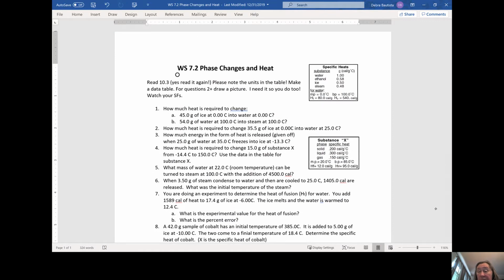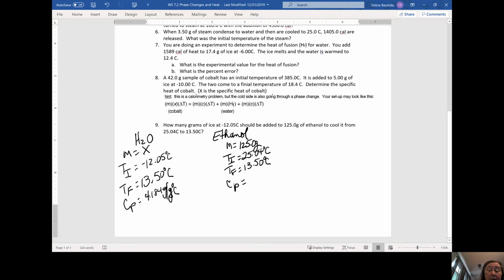Oh, we're going to use this other value. So I'm going to change that. This is going to be 1.00 calorie per gram degree Celsius. This is 0.58 calories per gram degree Celsius.